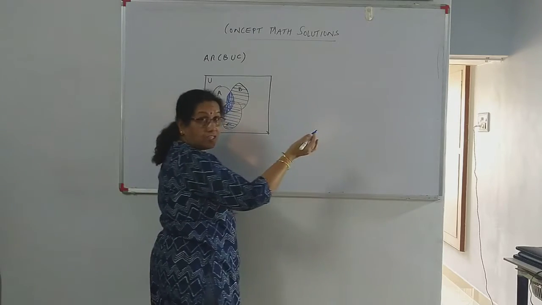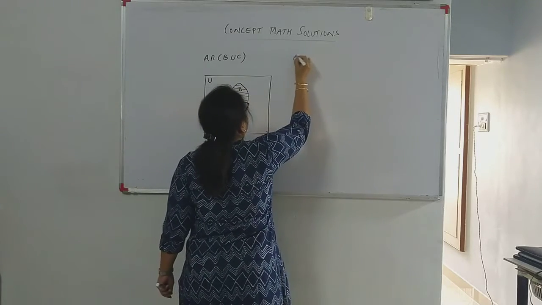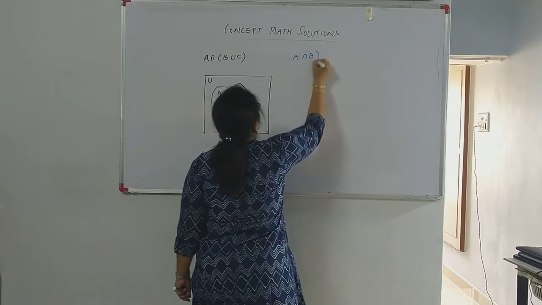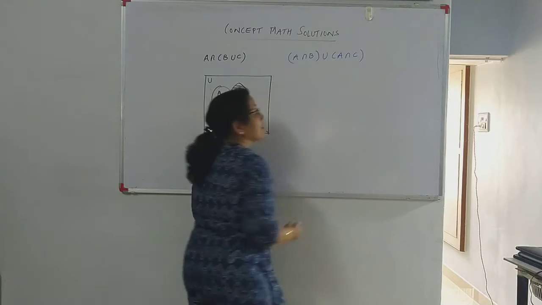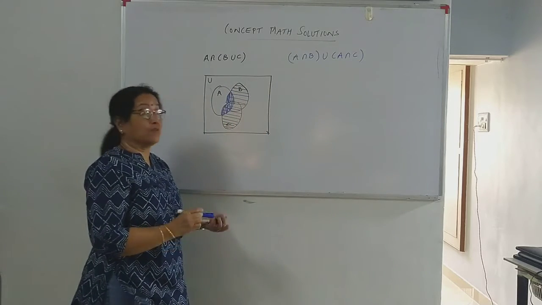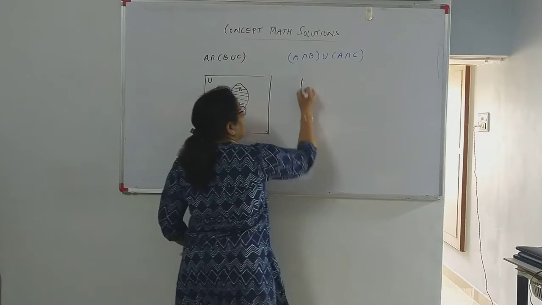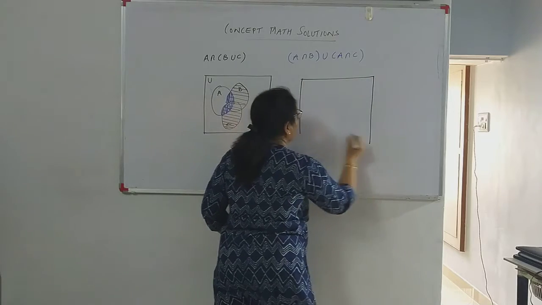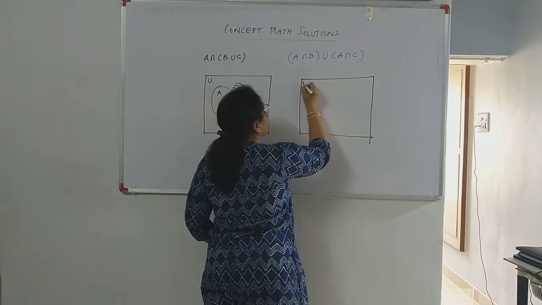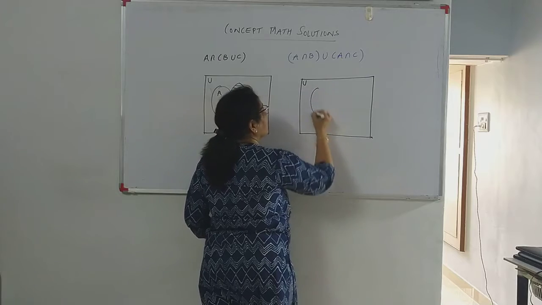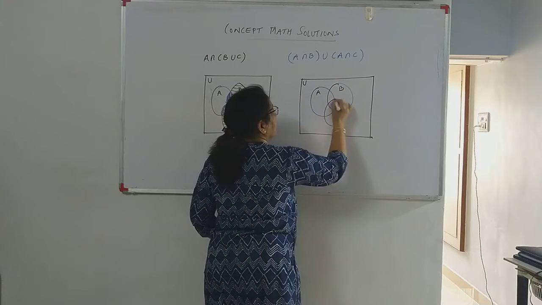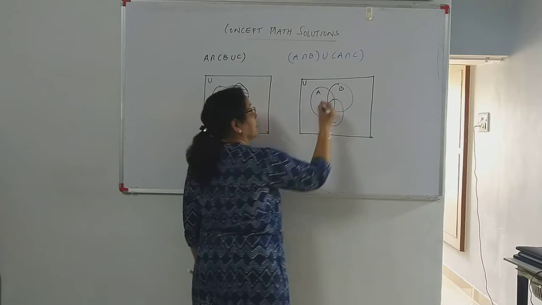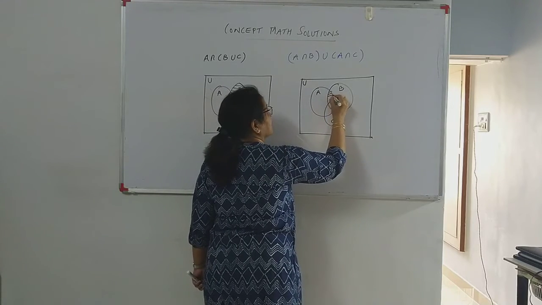We are working on the distributive property. So I want to find whether it is the same as A intersection B union A intersection C, whether intersection distributes over union or not. Again, I am going to draw the diagram and find out whether they are going to be the same or different. A, B and C. Now A intersection B is this.